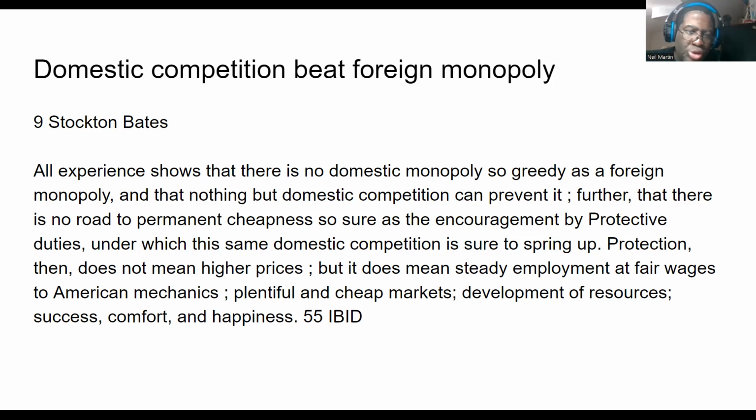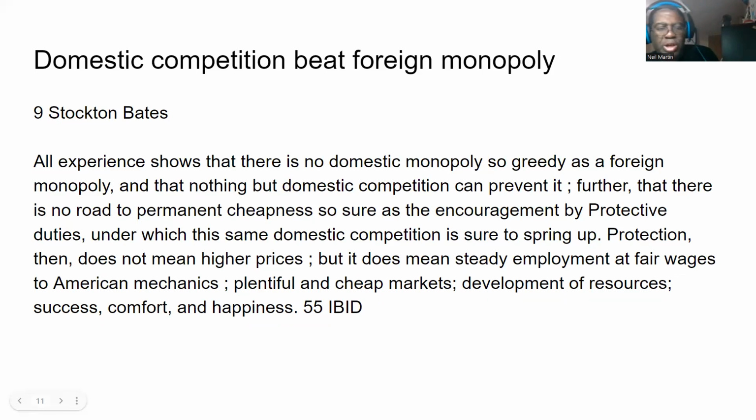Further, that there is no road to permanent cheapness so sure as the encouragement by protective duties, under which this same domestic competition is sure to spring up. Protection then does not mean higher prices, but it does mean steady employment at fair wages to American mechanics, plentiful and cheap markets, development of resources, success, comfort, and happiness.